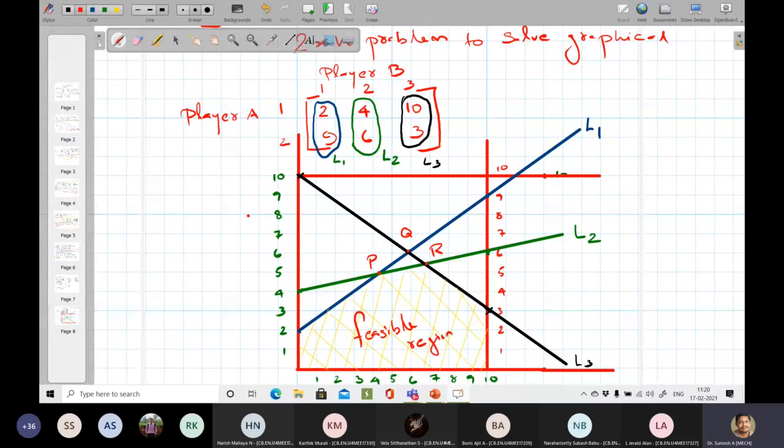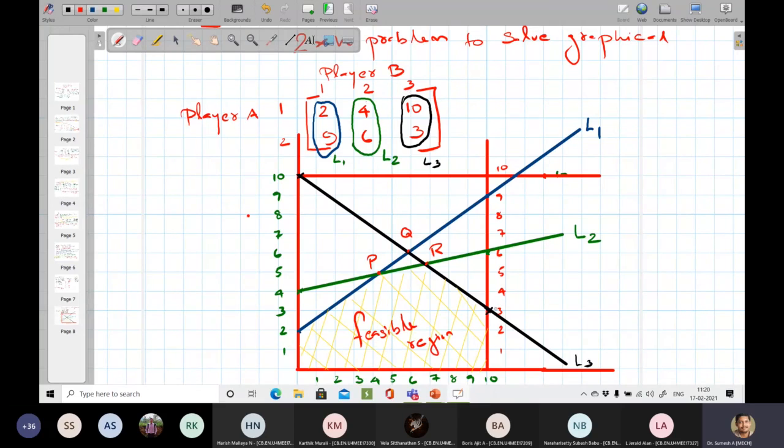We have to get the value of the game. So P or R. Whichever is the highest peak covered in the feasible region, that is taken as the value of the game.